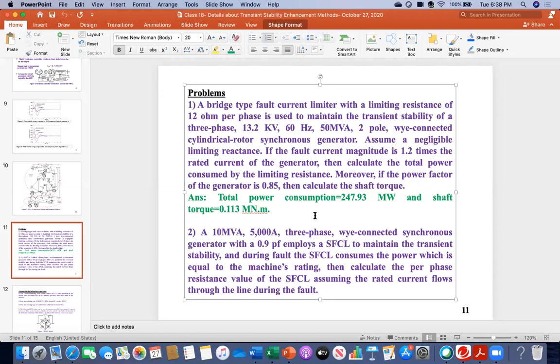Dr. Ali, I got 0.156 mega Newton meter. It's 0.156, not 0.113. So how about the others? Did everybody get the same thing? Amani is telling she got that number.